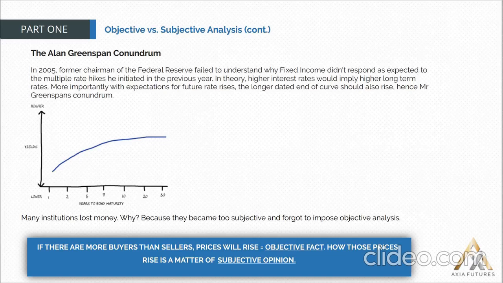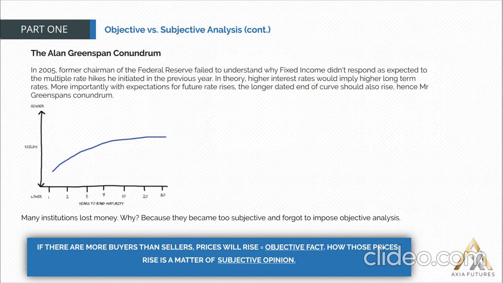If we take a look at this basic yield chart, on the x-axis we can see the maturity or length of time, and on the y-axis we can see yields or yield opportunity. What we should in theory see on this curve is that as rates rise, in other words, as yields go higher and higher as we go further along the maturity curve, we should see higher and higher rates.